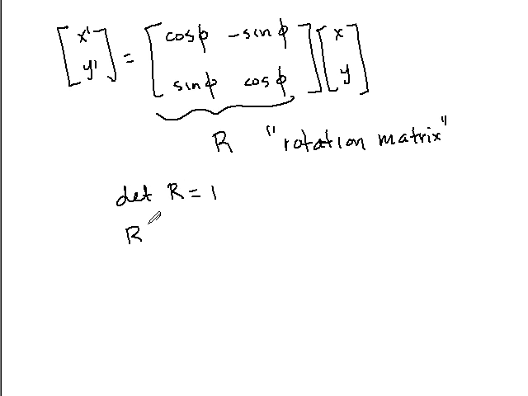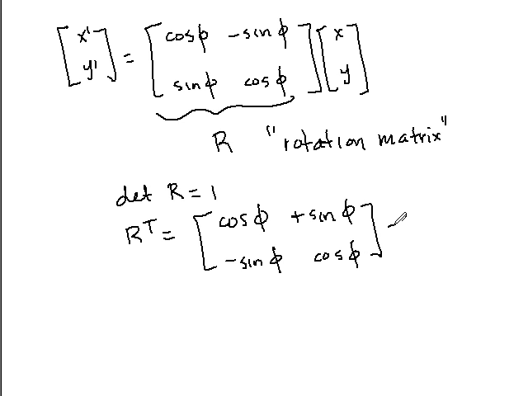Also, if I look at the transpose, which has a plus sign here, and a minus sign here, and then a plus cosine, that's equal to R inverse. Because if you multiply R times R transpose, I get the identity. So this is an orthonormal matrix, as you might guess.